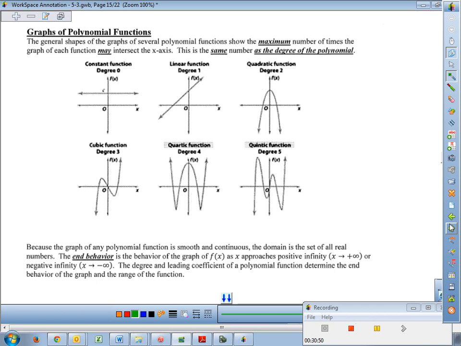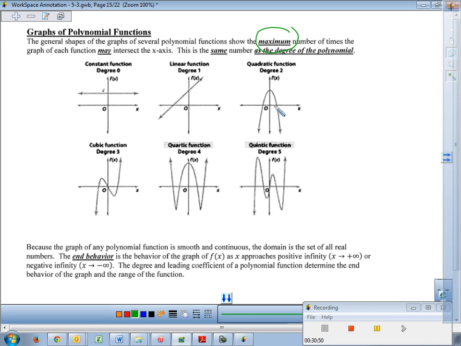Graphs of polynomial functions. It's time to realize that this is an important practice sheet to save. The graphs of some basic polynomial functions. First of all, it says the general shapes of the graphs of several polynomial functions show the maximum number of times a graph can intersect the x-axis.